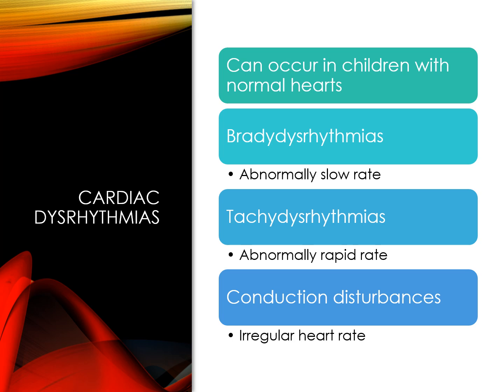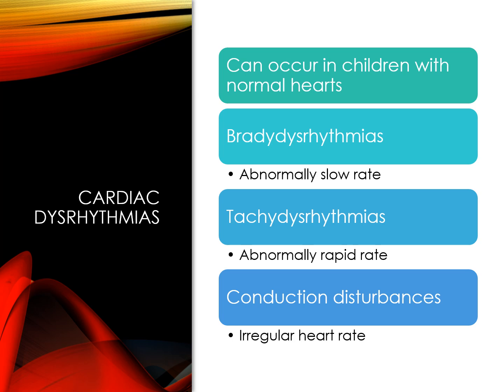Also, tachydysrhythmias, basically you can have tachycardias, other rhythms that you do not need to know in this, but know that they can get tachycardic. And irregular heart rates. These can be due to their cardiac dysfunction. They can also be due to electrolyte imbalances.